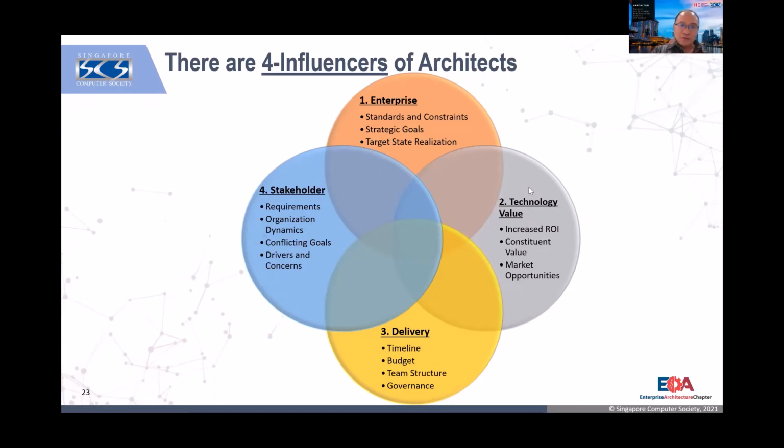And of course, market opportunity means we're opening up into new ventures, new capabilities that we could not do before. Then of course, number 3, we also need to look at the delivery. The delivery is how we can help ensure that the project is successful, on time, on budget, and we look at the team structure and the governance on the implementation. And of course, stakeholders, we also need to make sure that we take care of them, because some of them have conflicting goals. So how can we ensure that we don't get carried away by the politics? That is the message.